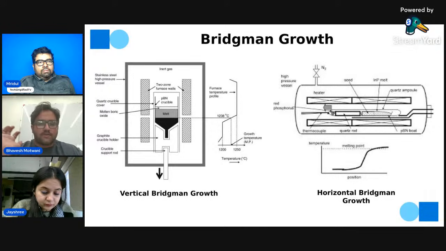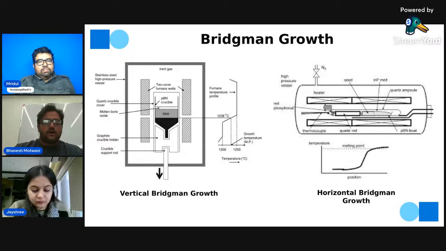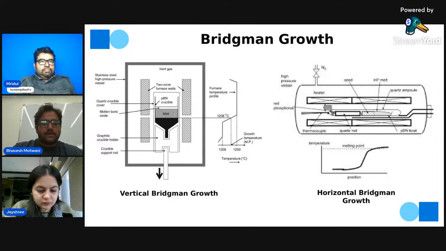compound semiconductor wafers. We have a huge amount of a compound which is not in a pure form. It is poured in and melted above the melting point of that material. The graphite holder is there, and there is a crucible which is used to protect the whole system around it.